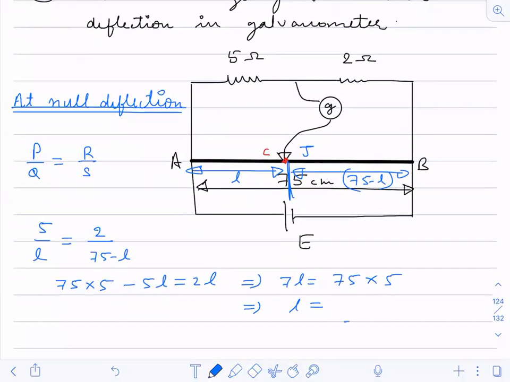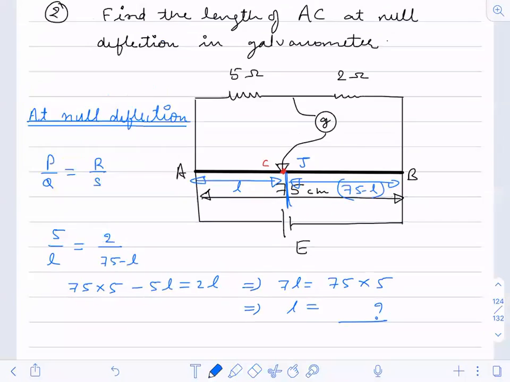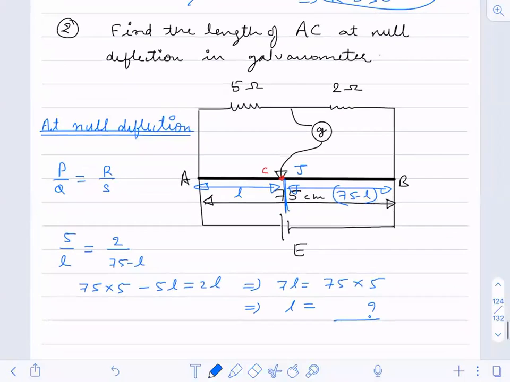You are just supposed to solve for L now, and that will be the answer. I'm leaving this calculation as an exercise for you.